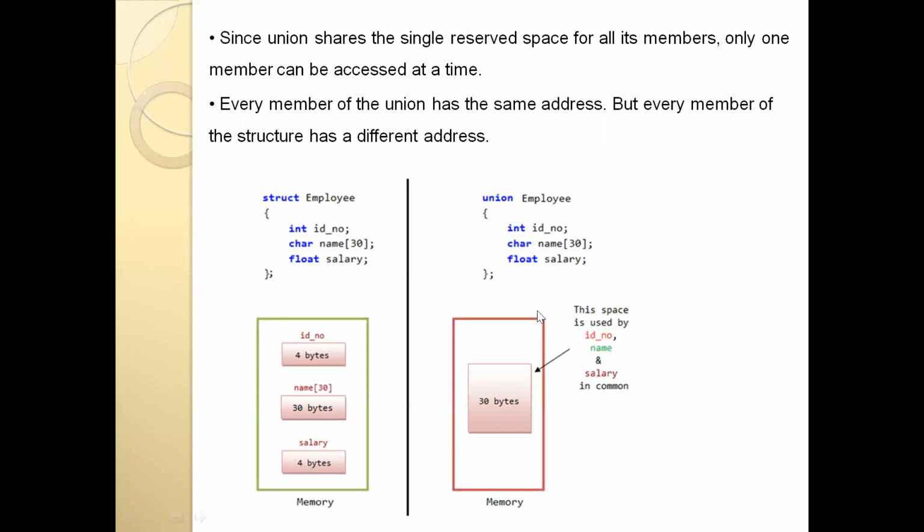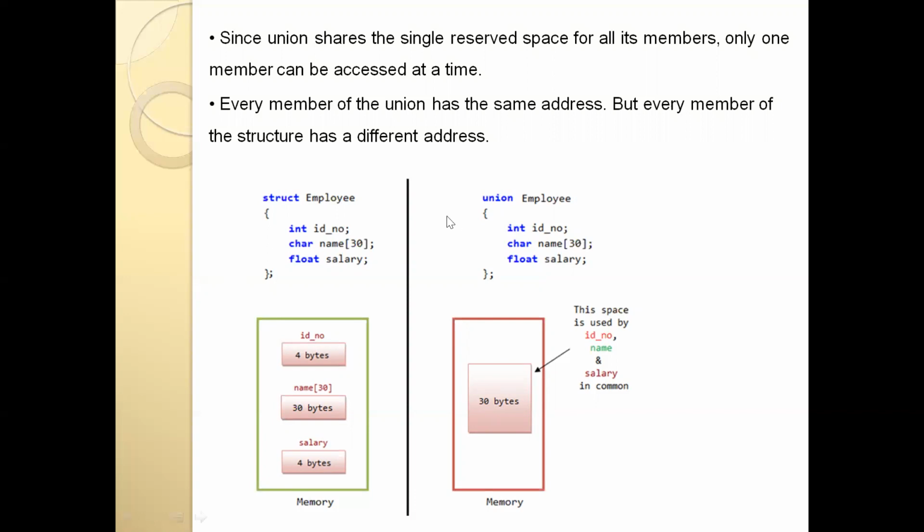But if you come to the union, ID takes 4 bytes only, name takes 30 bytes only, salary takes 4 bytes only. Which member takes more memory? The name member. So with that size, it will create the memory, with 30 bytes of space. The same memory location will be shared by these 3 members of the union.